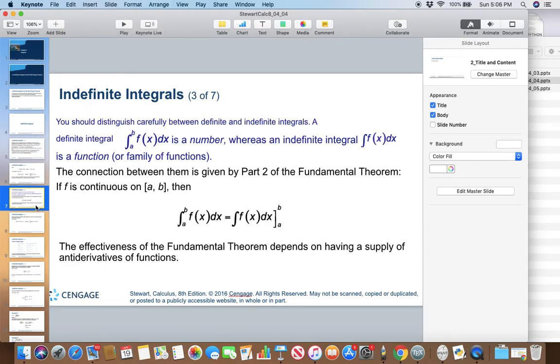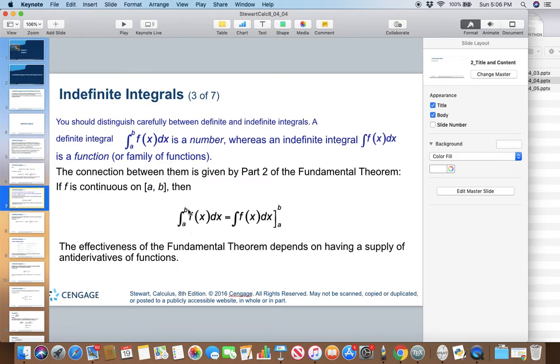All right. Now, you should distinguish carefully between definite and indefinite integrals. A definite integral, integral a to b of f(x) dx, results in a number when you evaluate it, whereas an indefinite integral, integral f(x) dx, is a function. Actually, not just a function, it's a family of functions, because general antiderivatives give you plus c. Now, the connection between them is given by part 2 of the fundamental theorem of calculus.